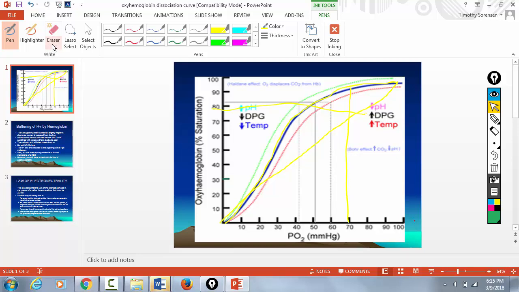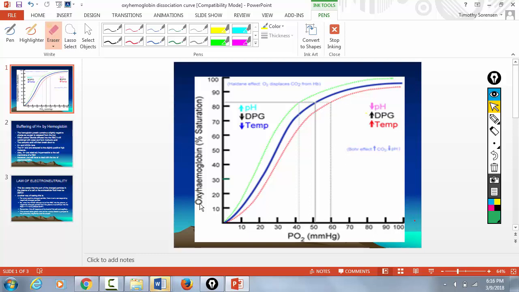Okay. Now, we went over PO2 and PCO2 and all that stuff. All right, so this is how you interpret this curve. Watch it. What's the PO2 of the atmosphere at sea level? It's 100, right? So at 100, what's the saturation of hemoglobin?